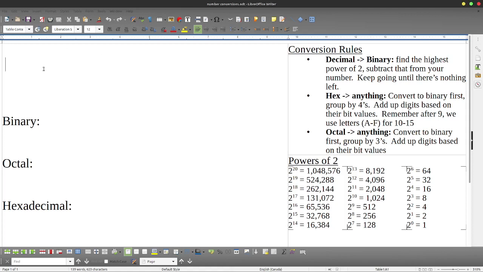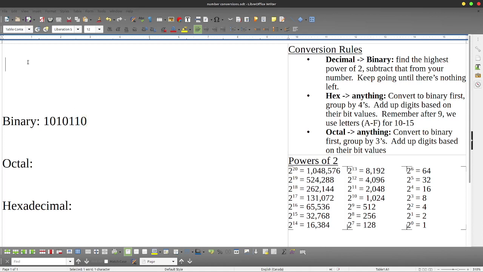So we're going to take this number here, and we're going to convert it to decimal, which I don't actually have a place for that here. I'm just going to write it up there. So our binary number is here.